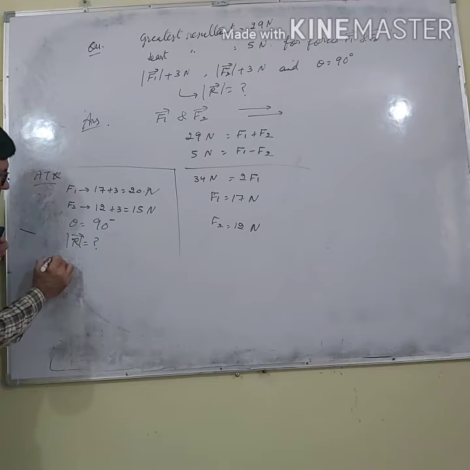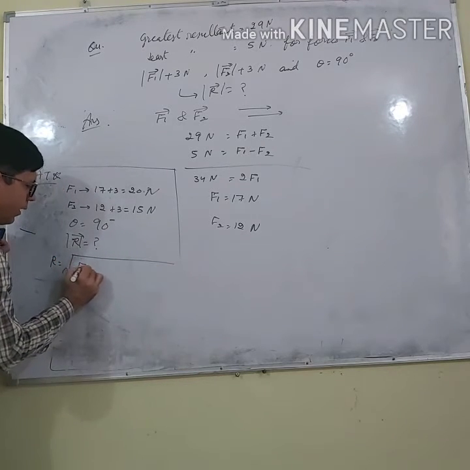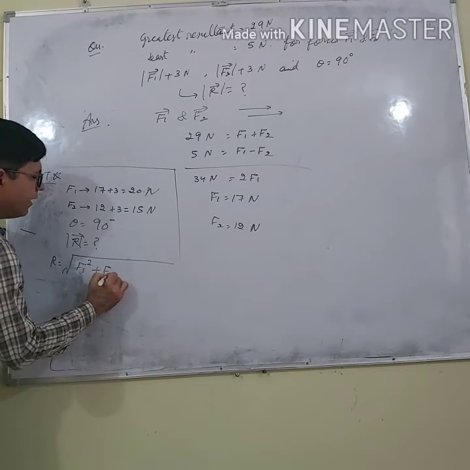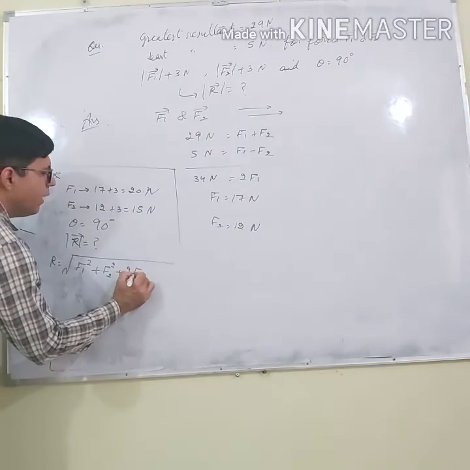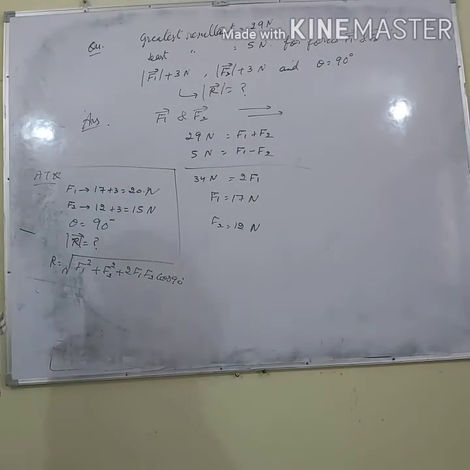How can I calculate? R will be equal to under root F1 square plus F2 square plus 2 F1 F2 cos 90. And what is cos 90? Cos 90 equals 0.